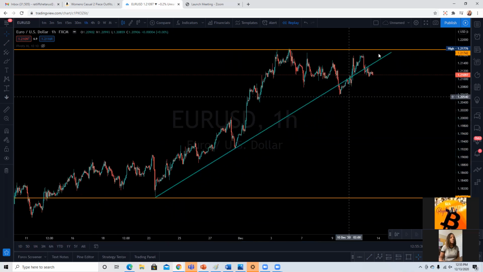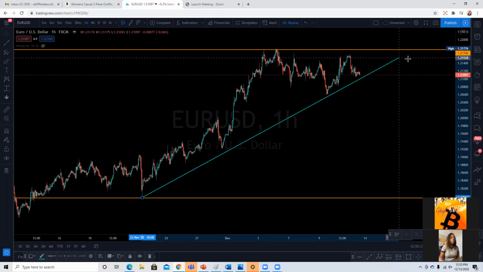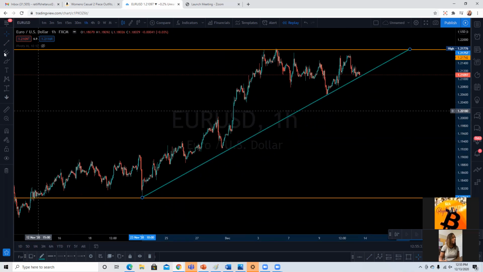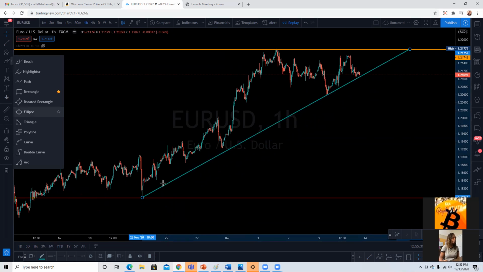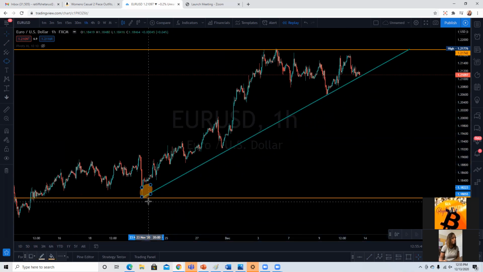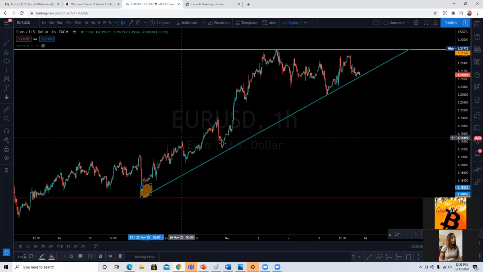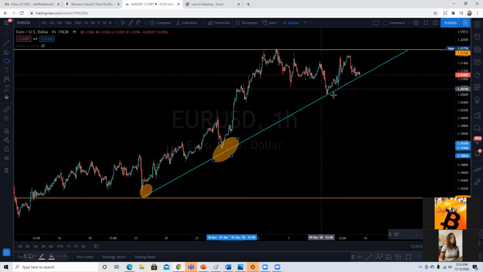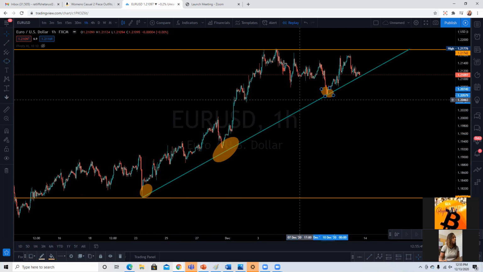So what I need to do is drag it back some more. Now I see clear as day, these areas right here are where price came and hit this area and bounced off. Look at these areas.